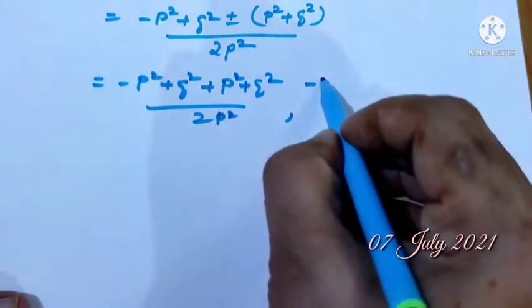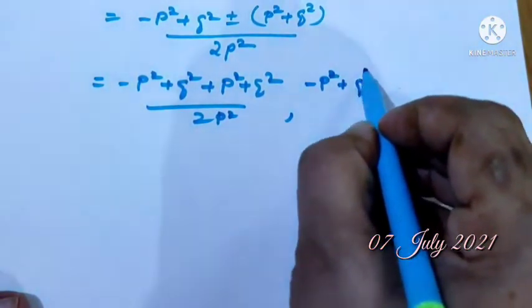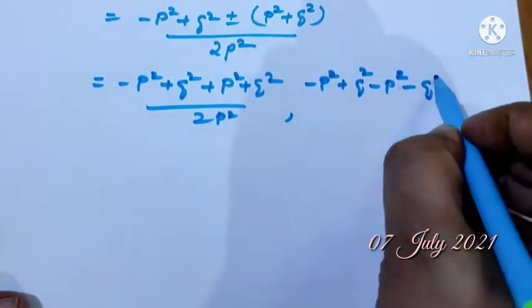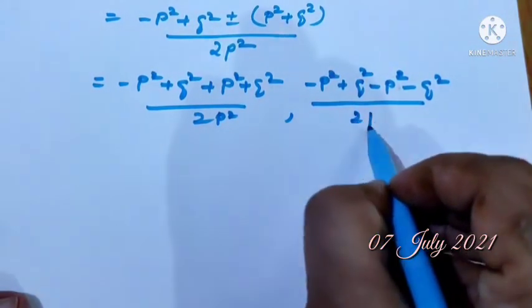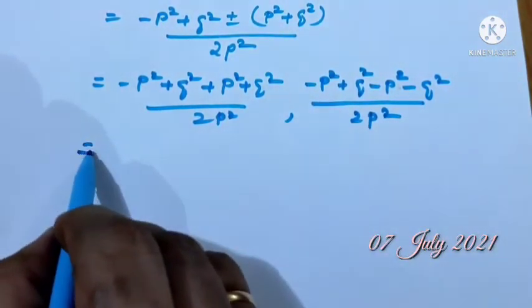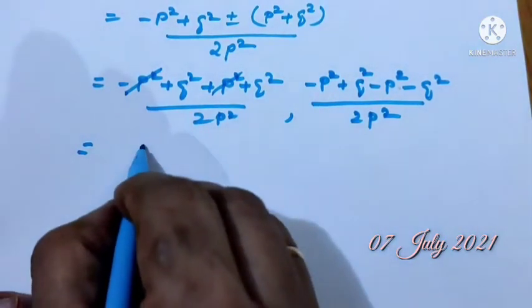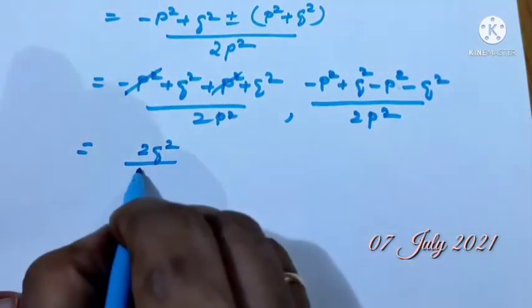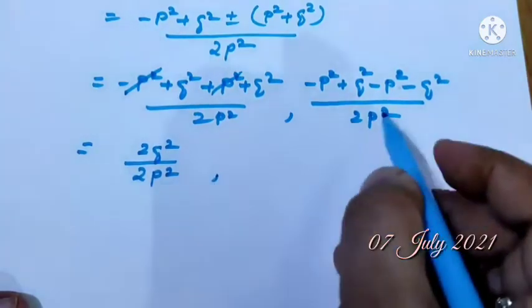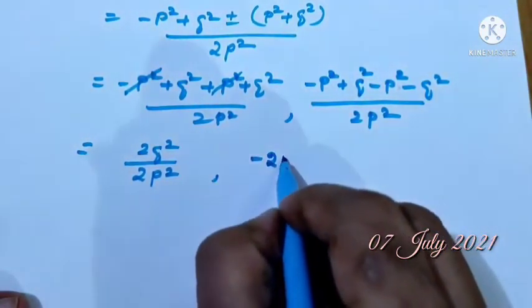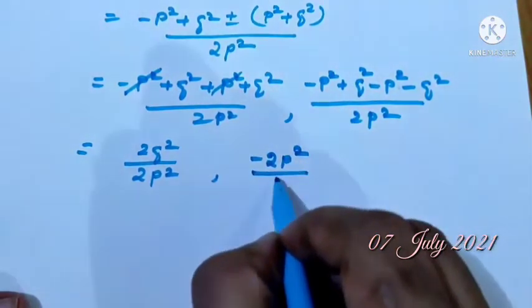What is the second part? Minus p square plus q square, minus sign we have to apply, minus p square minus q square divided by 2p square. So here minus p square plus p square will get cancelled, 2q square by 2p square. Here minus p square we cannot cancel, it is minus 2p square only divided by 2p square.